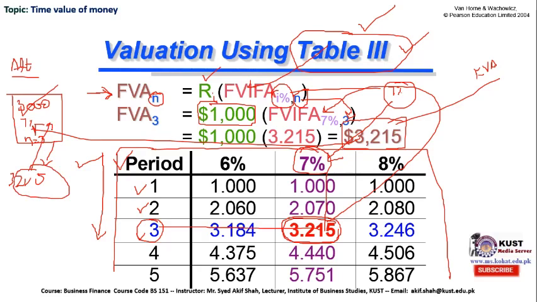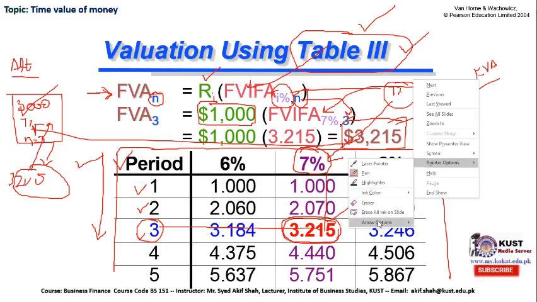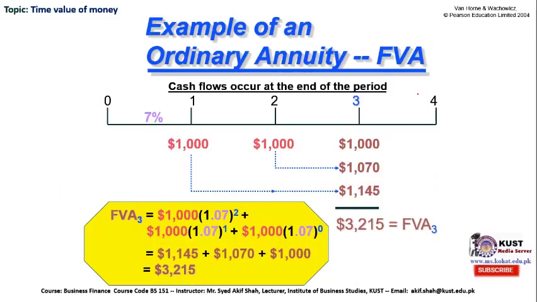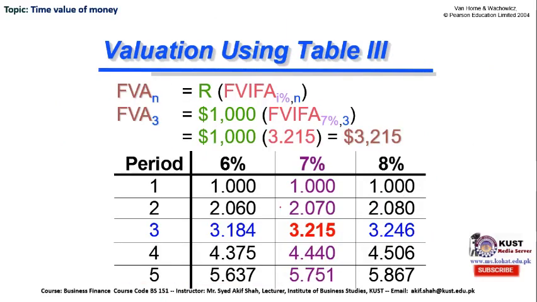So you can see that either you use the tabular method, or, as in the previous slides, the formula, the answer was 3,215, and with the tabular method the answer is the same.